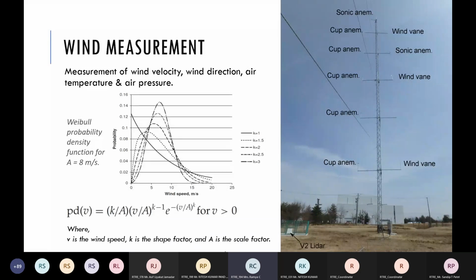Based on that, we decide the average wind speed, and that average wind speed will help us calculate the aerodynamic behavior of a wind turbine in order to design it. The Weibull function is mentioned here, and for various shape factors, the graph is shown here.